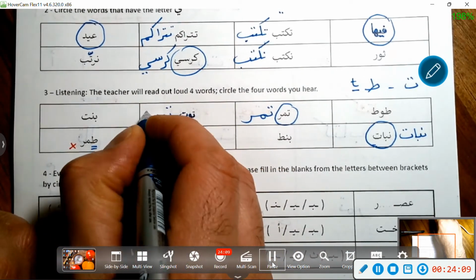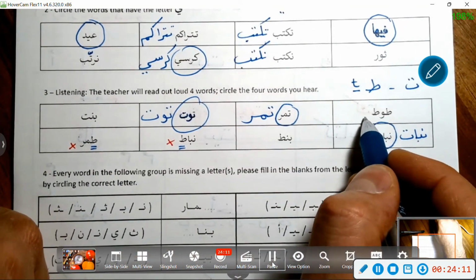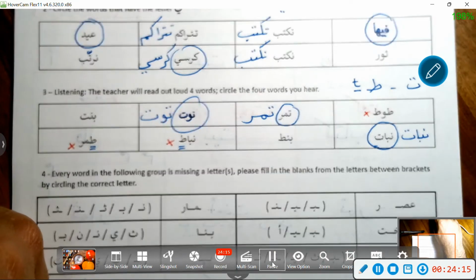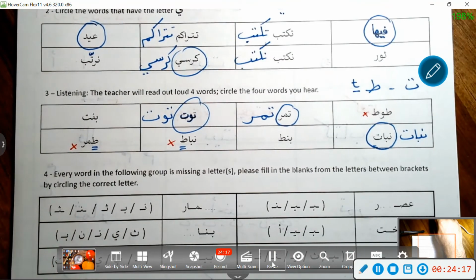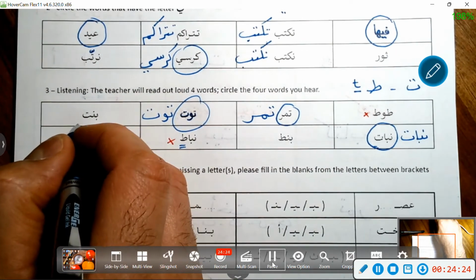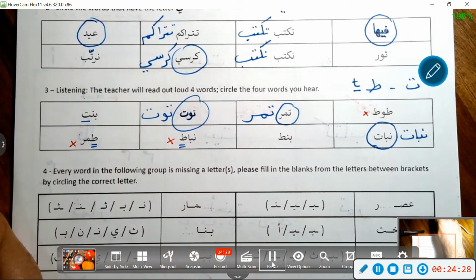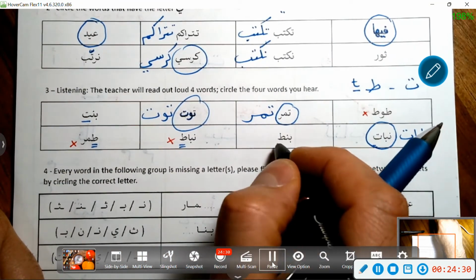This one is correct. Toot means berries or berry. The last word is bent. Ba, nun, ta. Not the other one. This is wrong. Bent. That's correct.